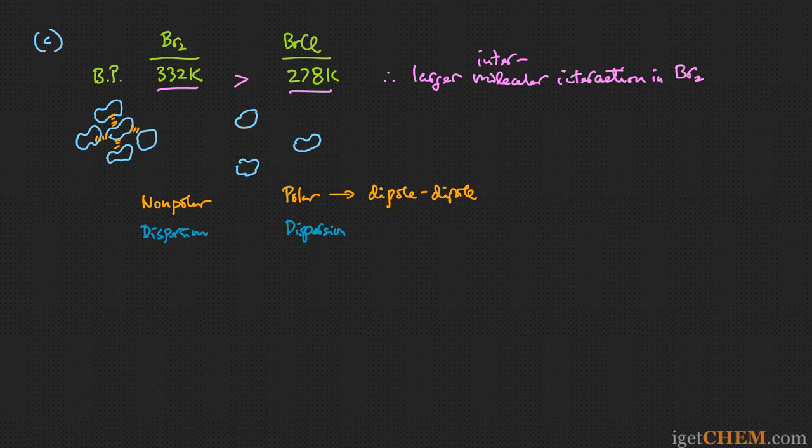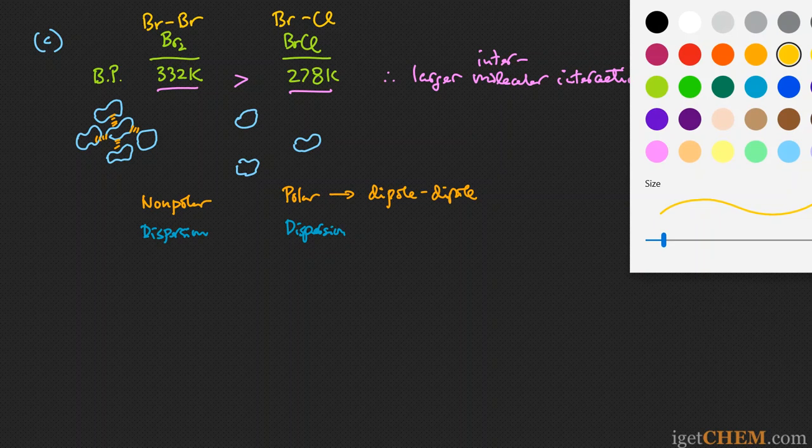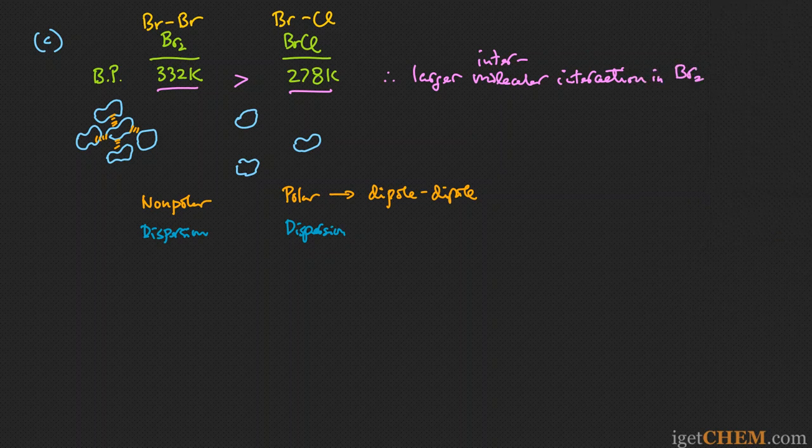So if you have a molecule that is made up of two Br atoms versus BrCl, which is made up of one Br and one Cl, then you can see that the dispersion interactions between Br2 and other Br2 molecules are bigger. So this dispersion force is stronger.